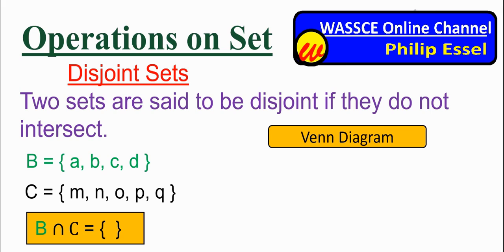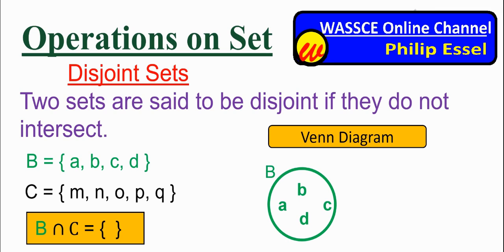Let's illustrate this with a diagram. Let's remember that diagrams that are used to represent sets are called Venn diagrams. We'll look at this in detail in part 3 of sets and set operations.